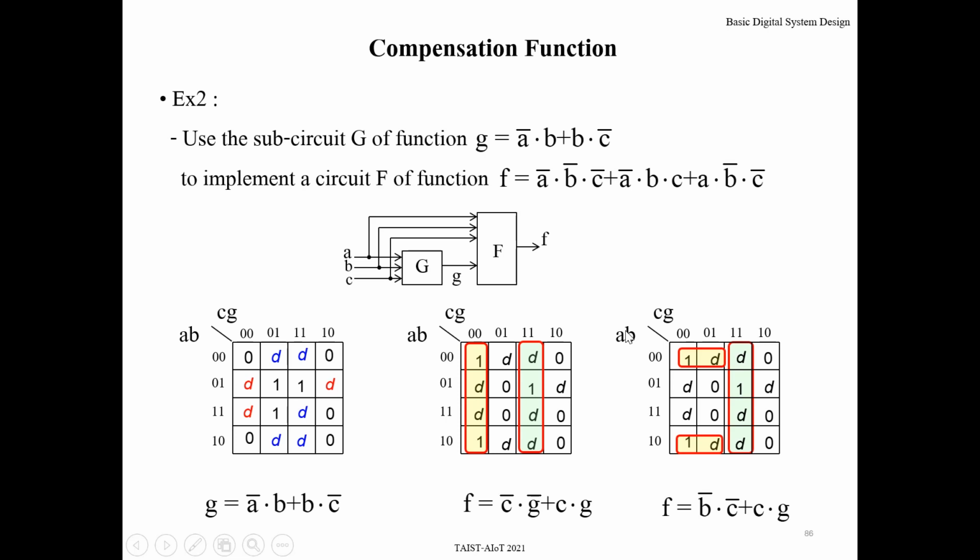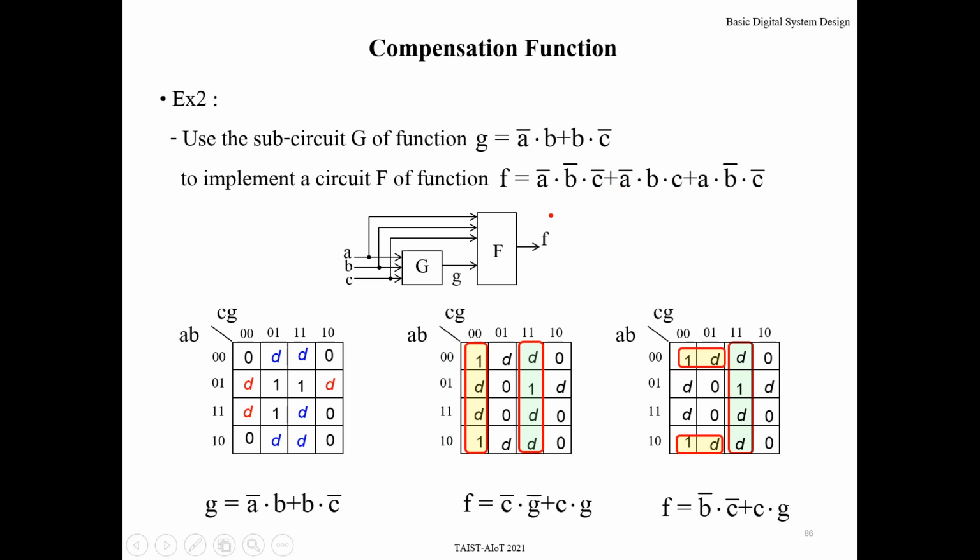And example 2. If your subcircuit E is a function of this and you want to implement function F, follow this expression. We can write down the K-map.